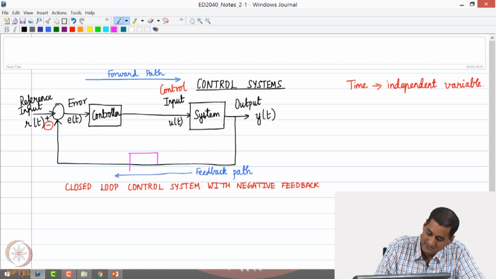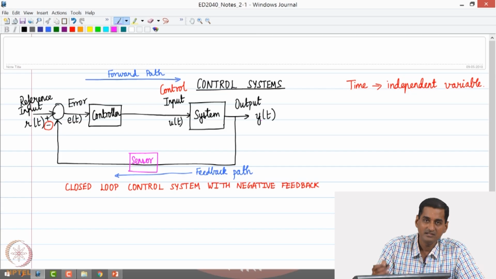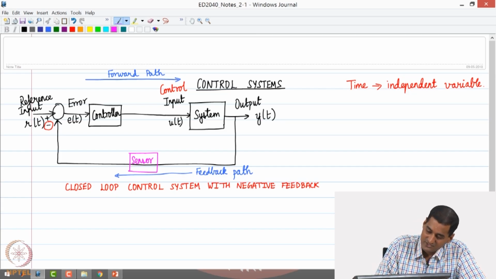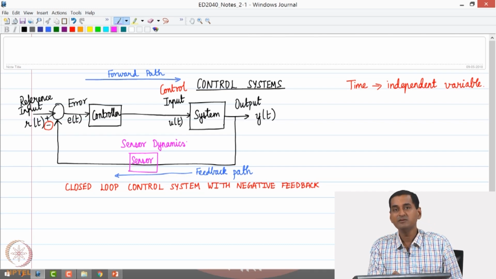So, for example, one would typically use a sensor to measure the system output. Then if a sensor is used to measure the system output, one may need to take into account the dynamics of the sensor that is used. So, in other words, there is an additional attribute called sensor dynamics that may come into the picture in the feedback part. So, what do we mean by that?